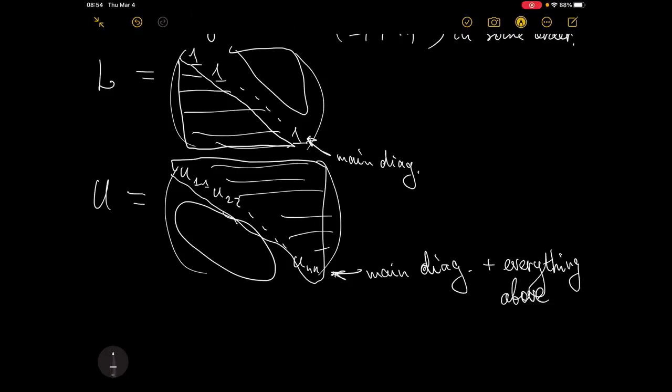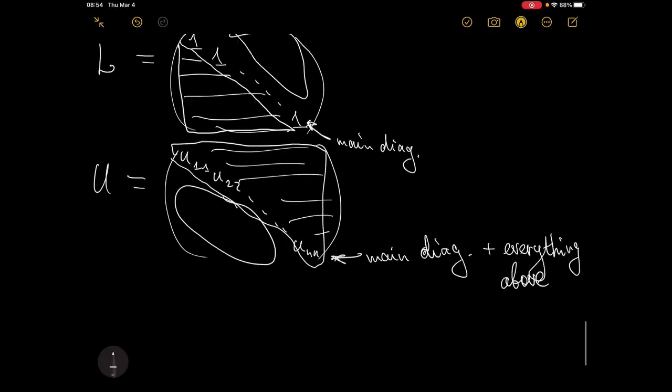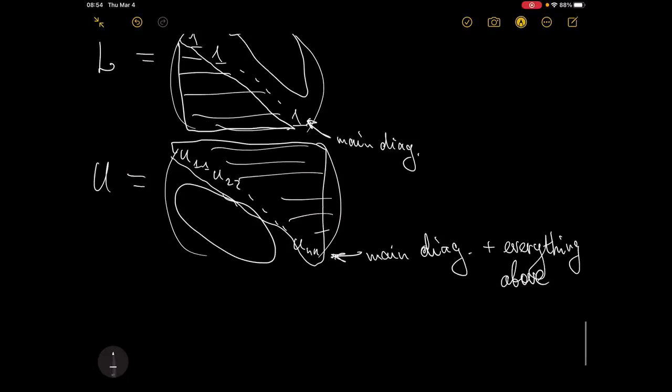So this is why really you need no more than the storage of your original matrix.